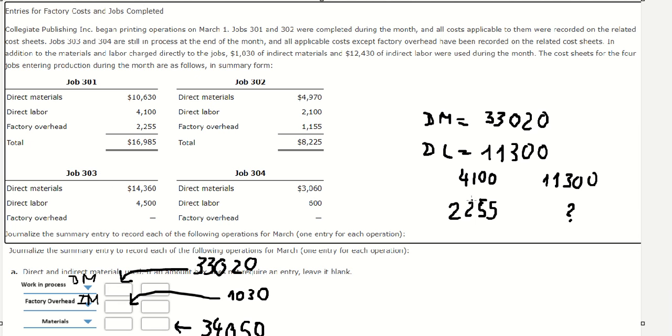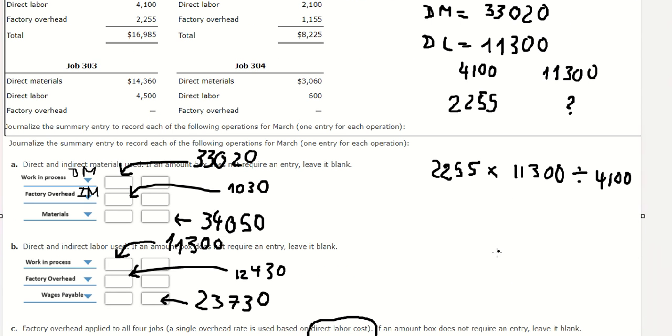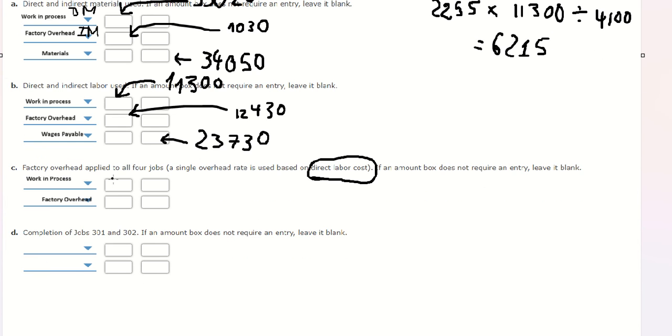So we will use this number in here, multiply by the total, then we divide by this one. So this one we have 6,215. So I will put this one in here.